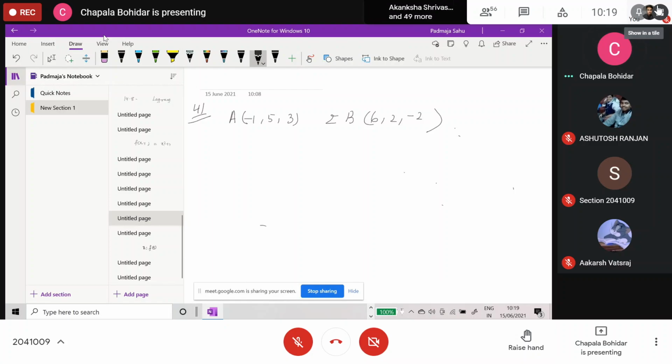Describe the set. The set of all points equidistant from A and from B you have to find out. The answer is in your book. Do it and tell me.